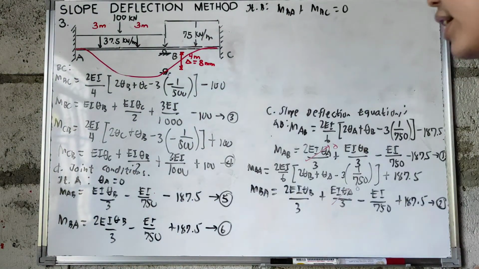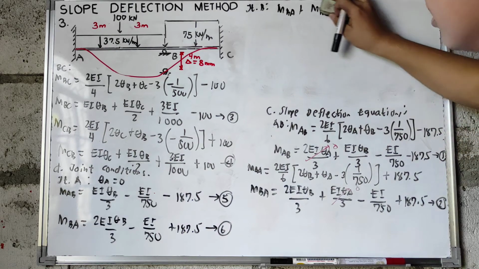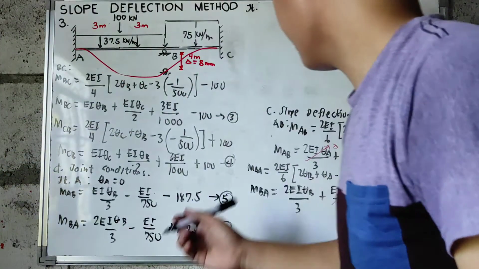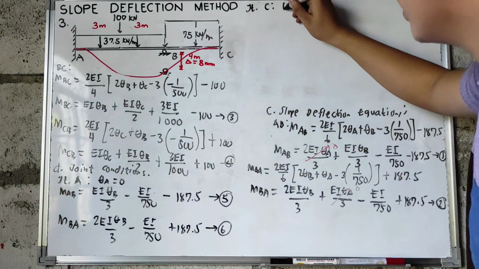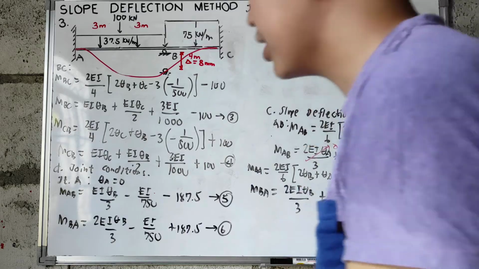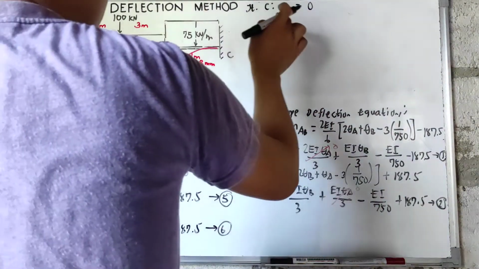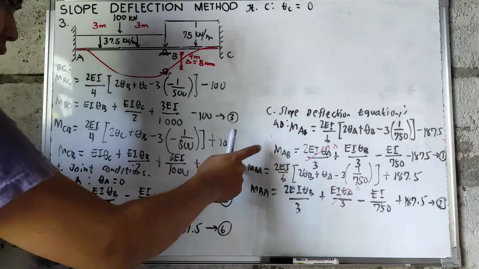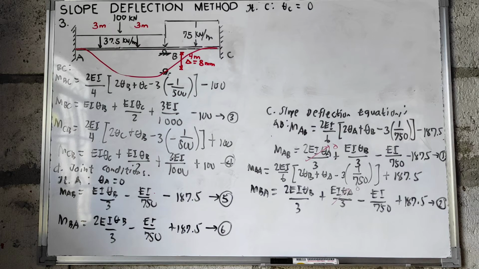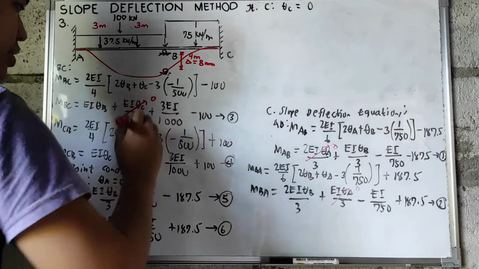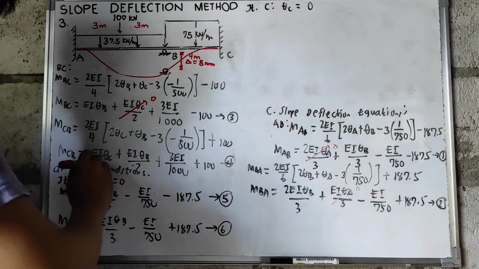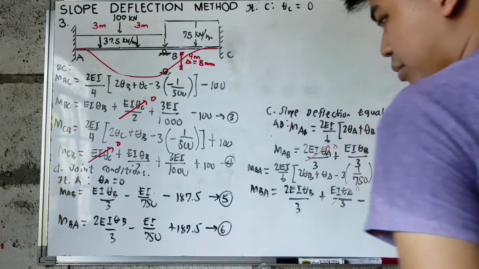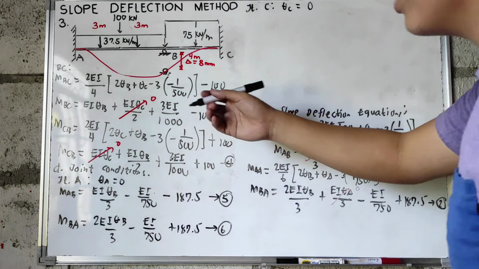Kasi mangyayari, yung joint C muna yung consider natin. So, joint C, yung value ng theta C natin dyan is equal to 0 since fixed yung support natin. So, for that one, yung mangyayari dito sa equations 3 at saka 4 natin, mamo-modify siya. So, yung theta C natin, this is equal to 0, yung EI theta C natin, that is equal to 0. So, mangyayari niyan is we have a new value for MBC.